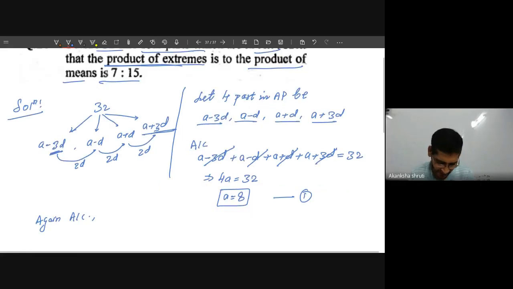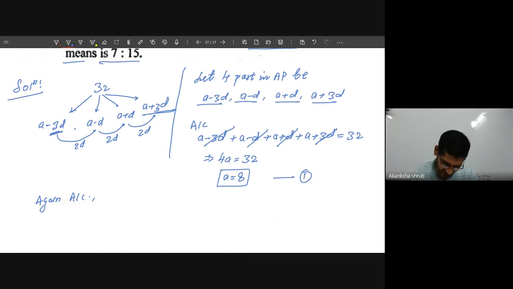So student, these two are the extremes. Extreme is the end one. So these two are the extremes. And these two are what? These are the mean or middle ones. So these two are the means.